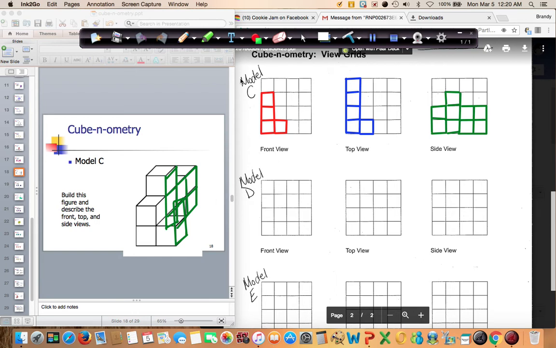Okay, so let me erase my drawings over here and see if we can see it a little clearer. So I have 1, 2 blocks. I have 3 blocks here. And then I have 2 and 2. Remember, because I'm standing right here on the side, so that's what I can see.